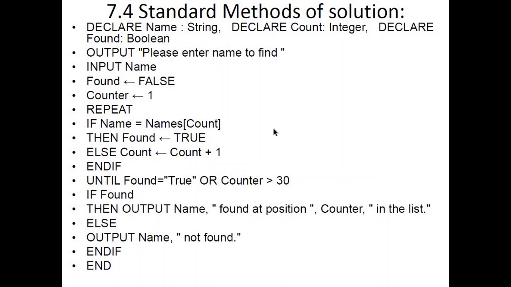Sorry, this should be counter, not count, my mistake. So the counter would have a value of 15, so it would write "John found at position 15 in the list." Else, if found is not true, then output "John not found in the list", you have searched for a wrong name.